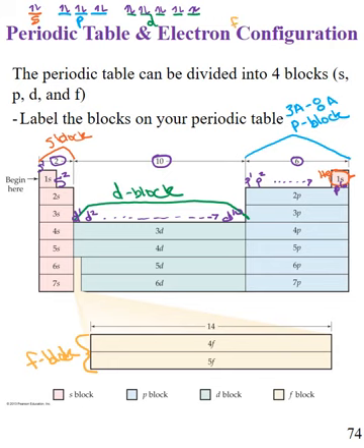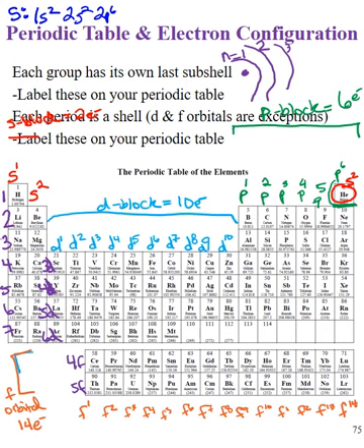I go across the row to boron. Still I'm in the second row, so I'm going to have a 2 there. I'm going to fill that all the way up to 2p6. So far I'm over at neon. I filled that. I go to the next row, which is the 3, and I have to fill that up, so it's going to be 3s2.